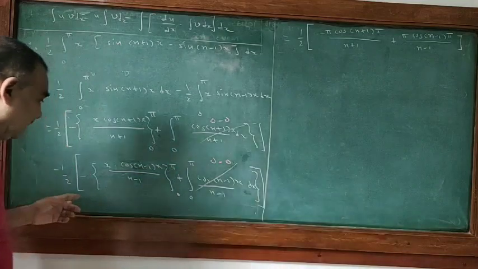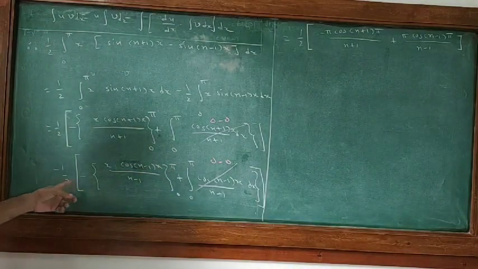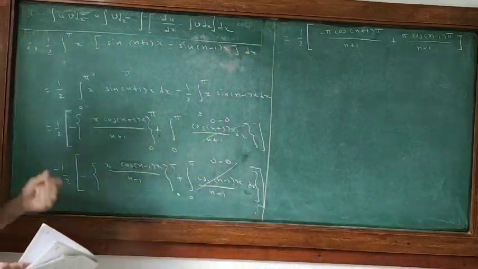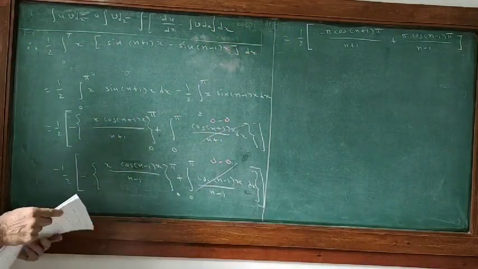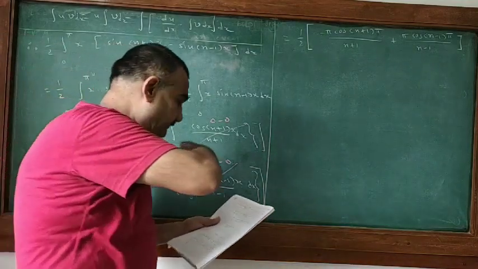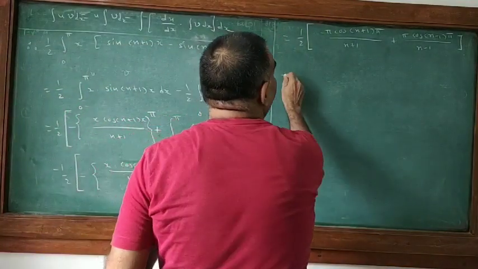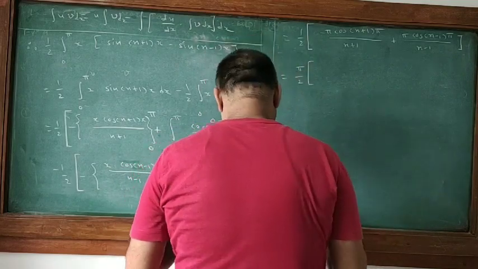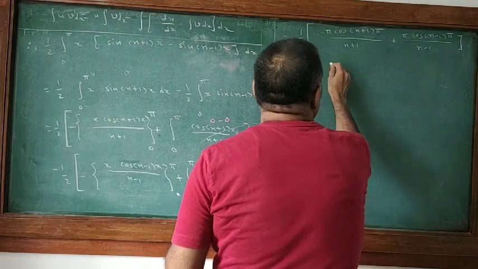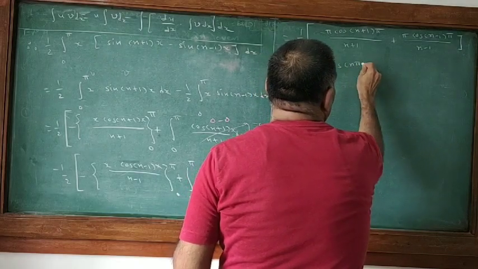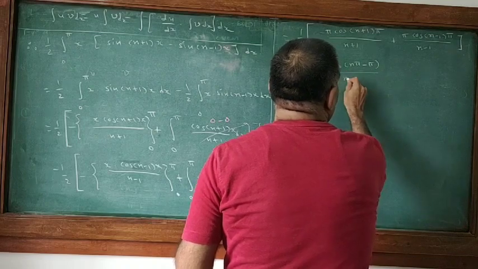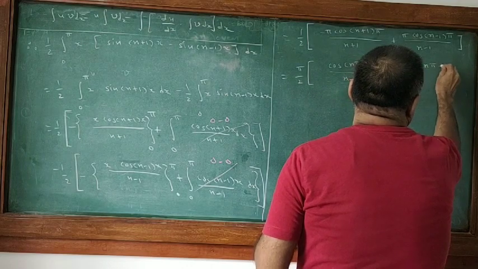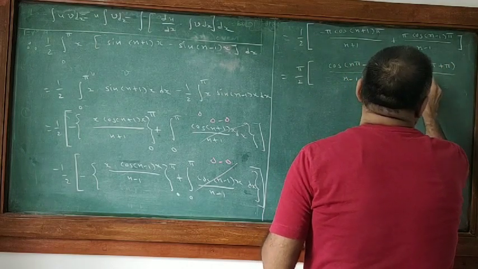If it is the second term, it is minus minus, twice. And 1 by 2 is outside of the bracket. This is equal to pi by 2, cos n pi minus pi upon n minus 1, minus cos n pi plus pi upon n plus 1.